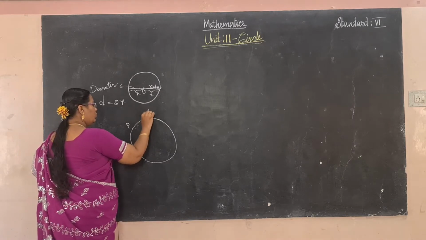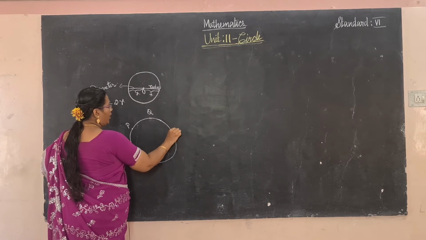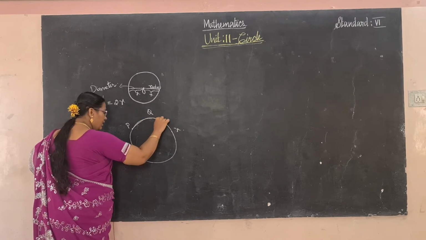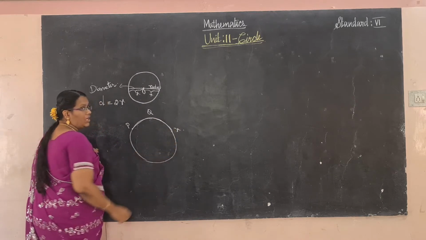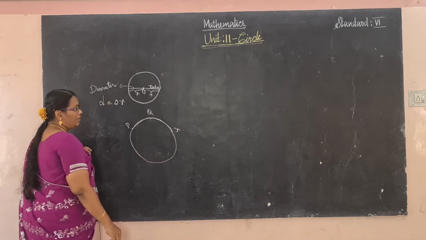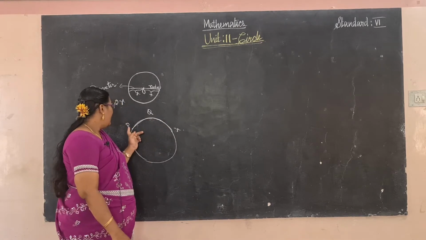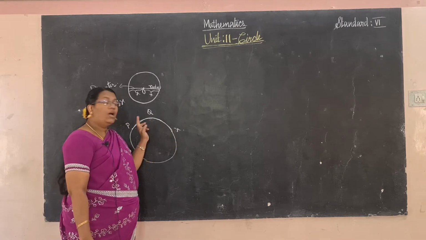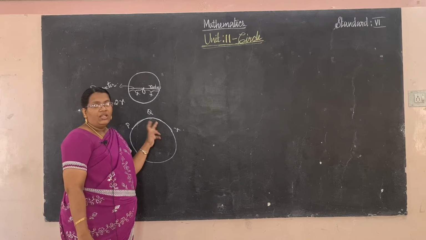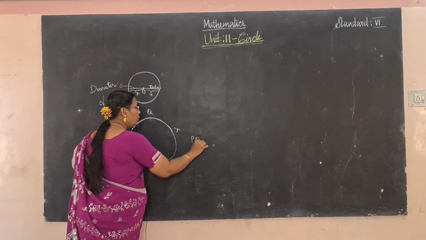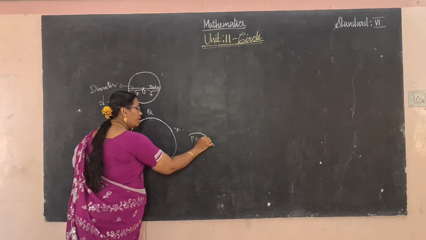P, Q, R is called the arc of the circle. Those points lie on the boundary. P, Q, R is the arc of the circle, denoted by PQR like that.